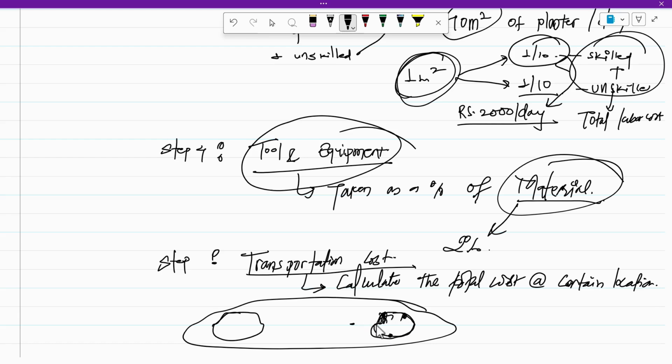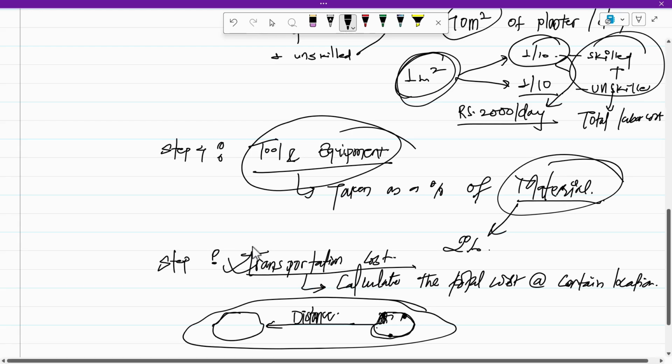Then from here to here, calculate the distance, and how many trippers do you need to transport unit volume of that item, and add the cost of those trippers, drivers, fuel, everything. Okay, and this is how you calculate the transportation cost, and you add it.